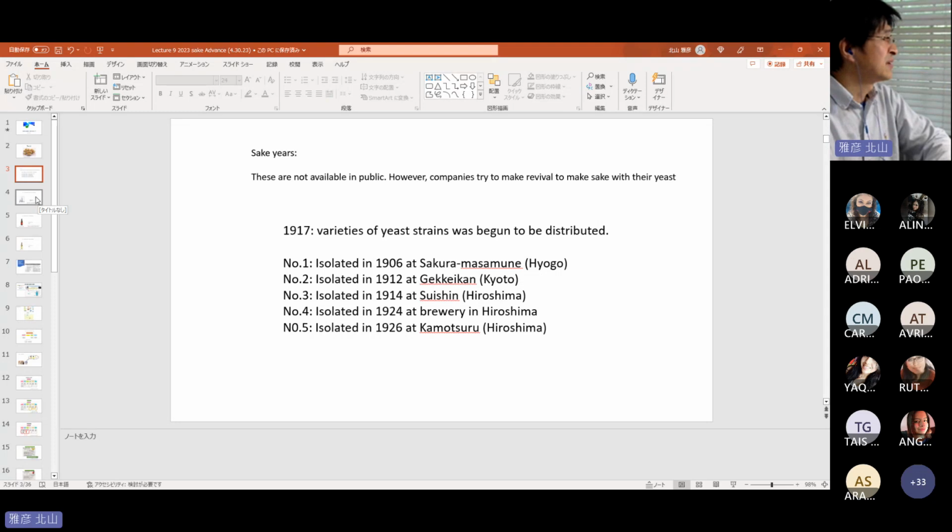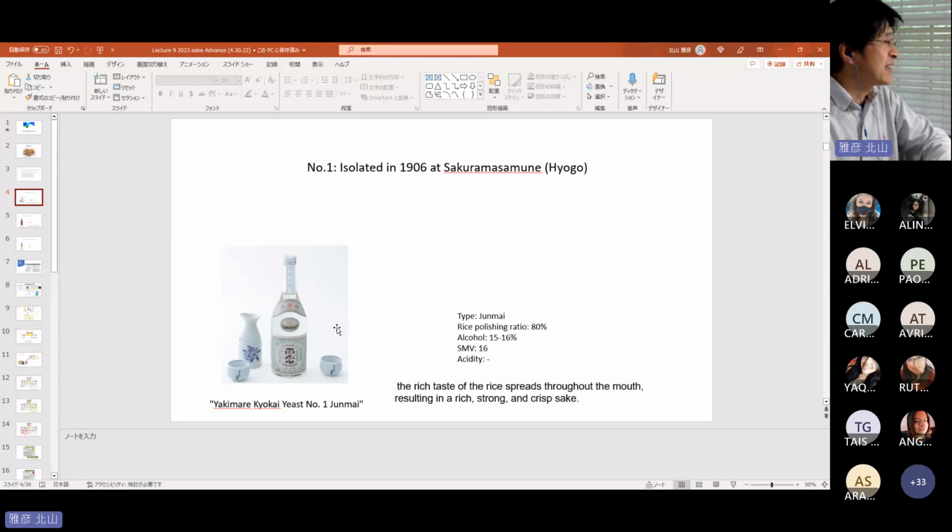But still, they have their own yeast strains, like Sakura Masamune Brewery keeps their number 1 yeast strain, and Gekkeikan in Kyoto has been keeping the number 2 strain. So these days, they try to make revival sake by using the number 1 yeast strain.